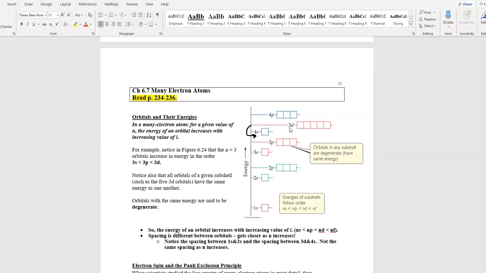Well, that 3D can hold more electrons than that 4s does. So technically he actually has more energy than a 4s because he can hold more electrons. He can hold more electrons than that 4s2. So he technically has more energy, so that's why we write him at the end. So once again, he has more energy. He can hold more electrons.